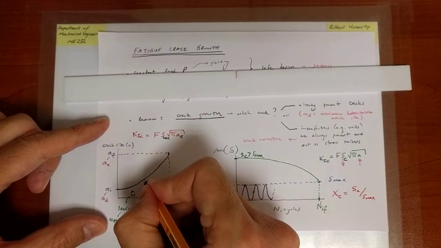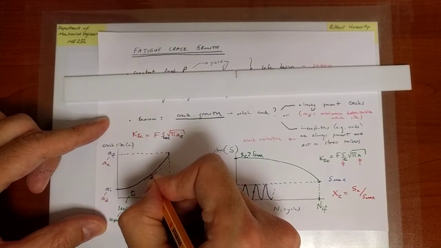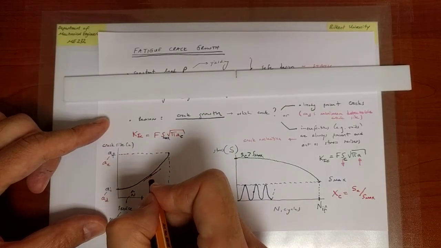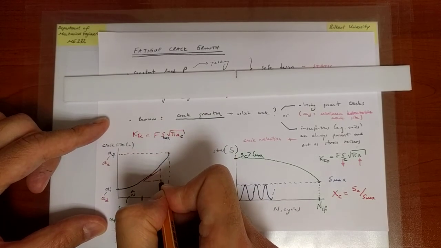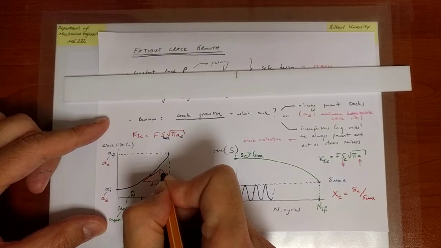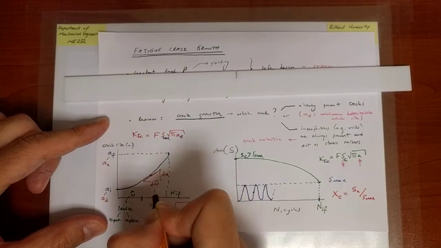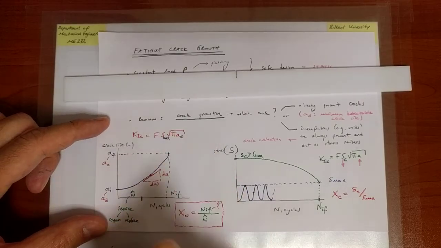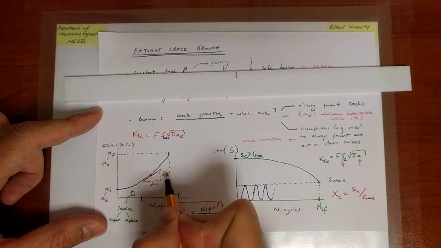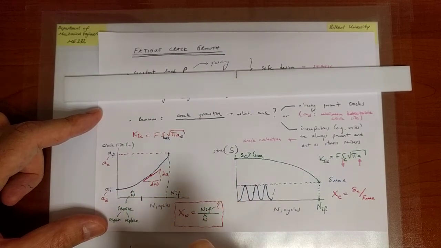So that is a derivative. At any point, if I take the derivative of that line, so I'm going to take the ratio of dA to dN, the incremental change in the crack size with respect to the number of cycles, that's going to tell me the rate of change of the crack with respect to the number of cycles.